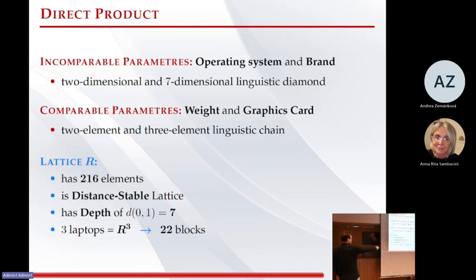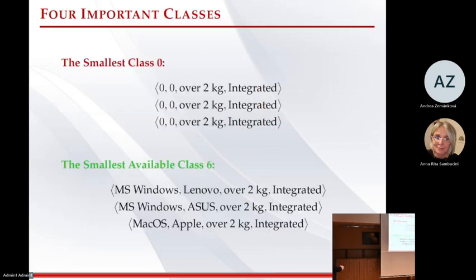So we used a two-element and a three-element chain. Okay, we create the direct product of these four lattices, and we get lattice R with 216 elements. It is distance stable, of course, with a depth of 7. And for three laptops we want to buy, we use a ternary aggregation function on this lattice, and we get 22 blocks.